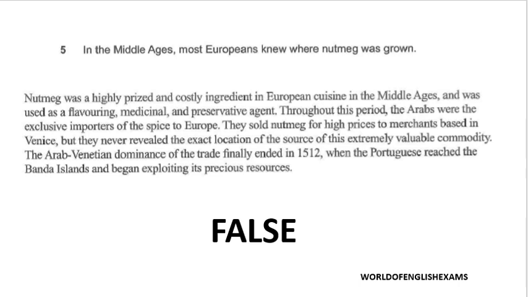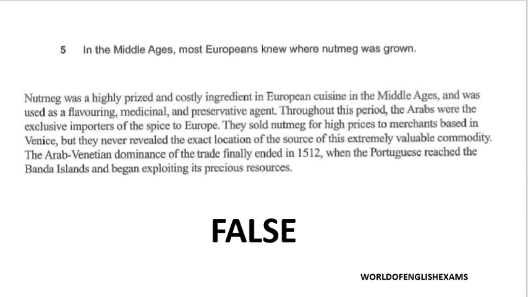So most Europeans knew, the past tense of know, where nutmeg was grown. So Europeans were aware of the place, the location where nutmeg was grown or produced. So this is what the statement says. In the Middle Ages, most of the Europeans were aware of the location where nutmeg was grown.